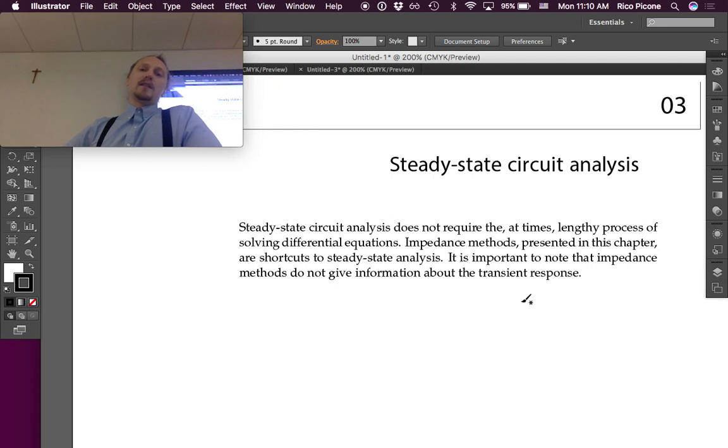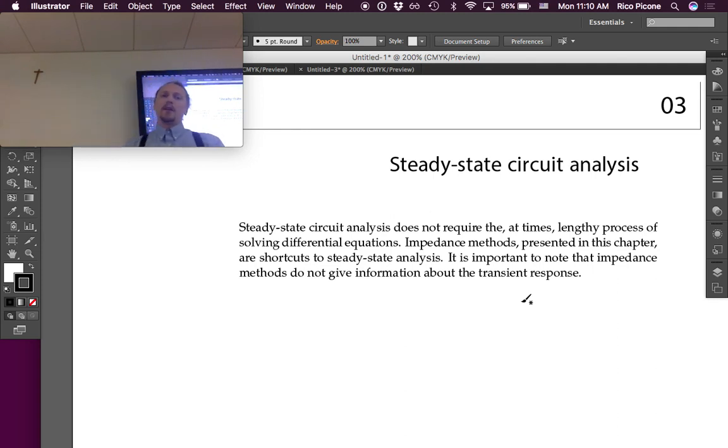Often we care about the steady state because the transient response for a lot of these circuits is over very quickly. Microseconds, sometimes milliseconds. So it's very useful to think about it in terms of just steady state.